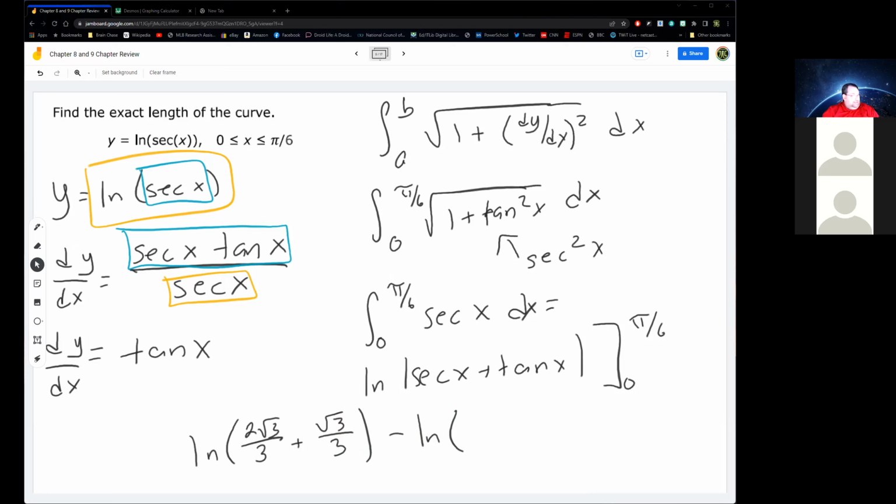Question, if I leave it as tan pi over 6 plus secant pi over 6, is that wrong? I do not know the answer to that. I have one that's tan pi over 3 when I did the example and it took it. I don't know if it bothers you. I'm one of those ones that, like, that's fine.